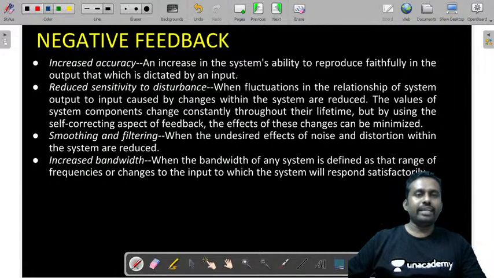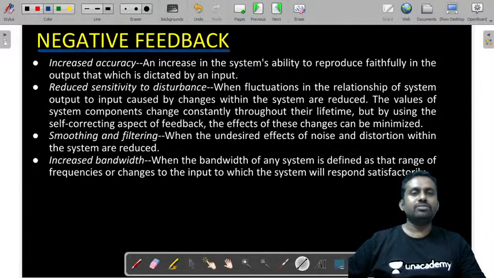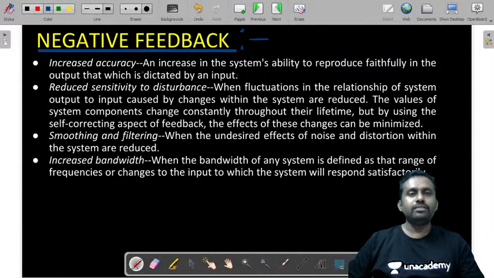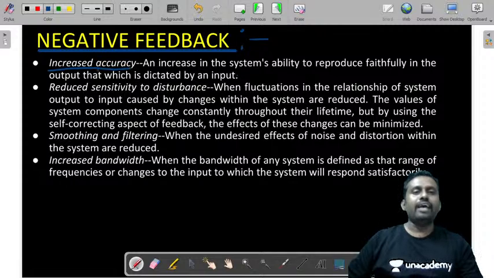We'll see what is positive and negative feedback as well, but because negative feedback is very important, I'm just giving you what are the basic characteristics of negative feedback, which is one of the important topics. What are the different characteristics of negative feedback is one question that is frequently asked. So instead of discussing what is positive and negative, just I've tried to give you what are the different characteristics. So first characteristic is increased accuracy. This is one good advantage of negative feedback.